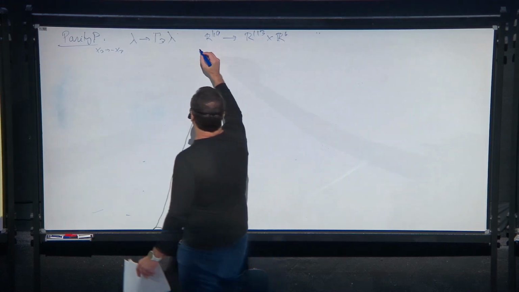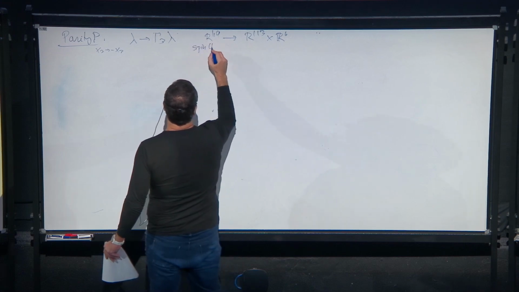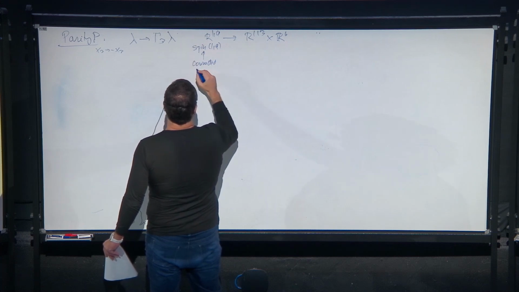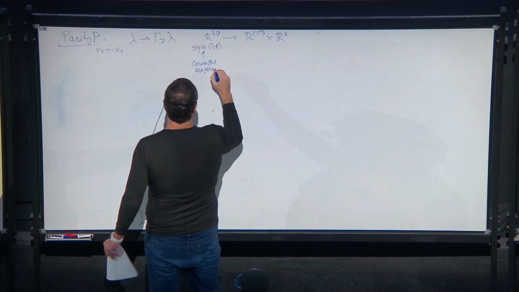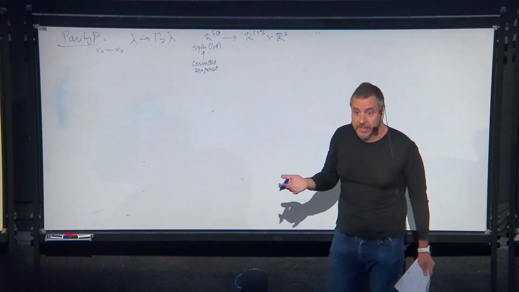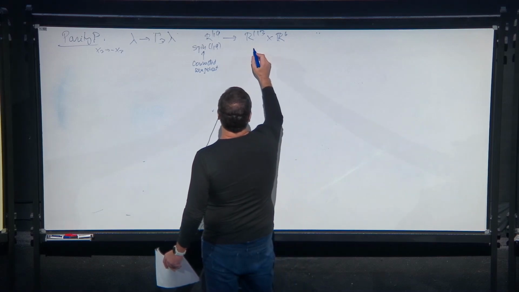What I can do is now take a proper transformation in Spin(1,9), which is in the connected component. Between friends, it means that you reflect an even number of coordinates here. An even number of reflections is in the connected part, right? It has determinant 1. What I can do is do a reflection here on x3.